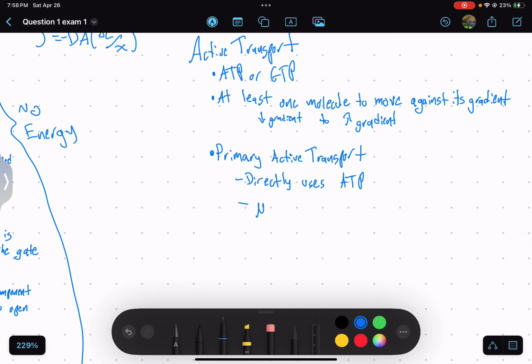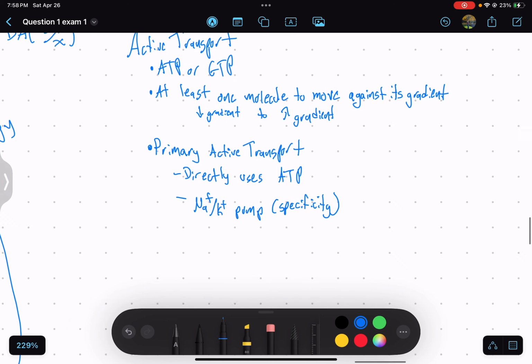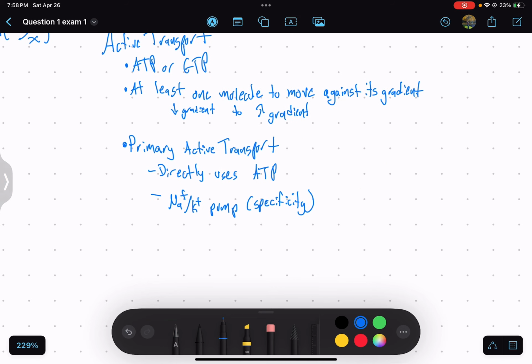One of the pumps that is very specific to this that we use in class a lot is the sodium-potassium pump, which has specificity to sodium and potassium. It's going to let 3 sodium out, 2 potassium in.